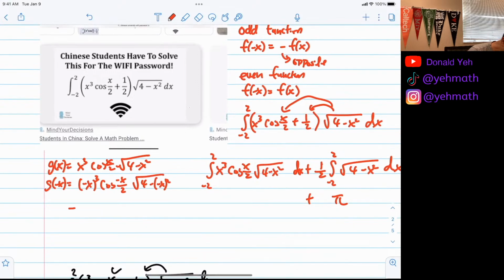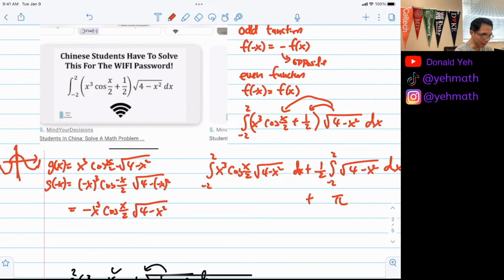Okay, so now after you did that, that's going to be negative x to the cube, cosine. Well, what's cosine of negative x over 2? Cosine of negative x over 2 is actually an even function. Why do I know it's even? Because if you look at a cosine graph, it should look like this, and it should look like this. So they have symmetry. So therefore, that's going to become x over 2 because that's an even function. And then the square root of 4 minus x squared.